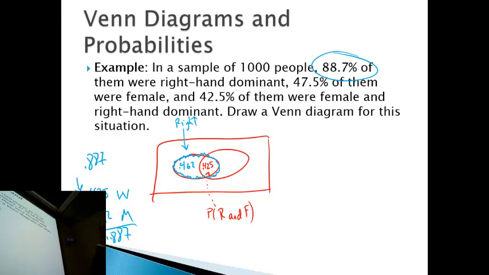On the other hand, 47.5% are female. So let's go female. Let's get a different color. How about green?